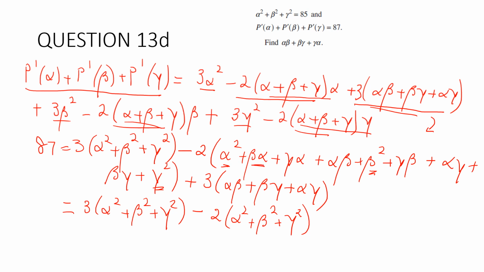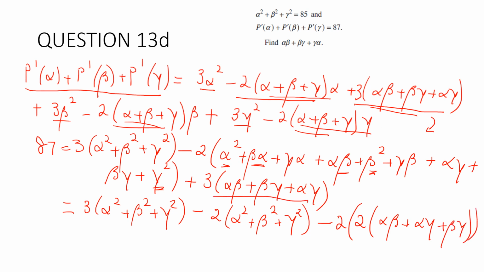Where's the other one of those? Alpha beta, oh there. So I'm going to have, take away, 2 lots of alpha beta plus alpha gamma plus beta gamma. Take away, oh no, add that. 3 lots of alpha beta plus beta gamma plus alpha gamma.